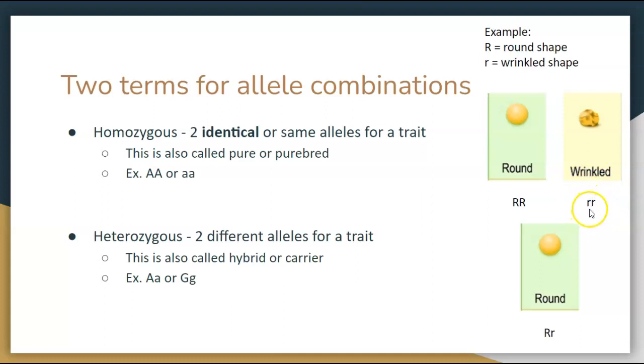That would be two lowercase r's. Now, this trait can also be heterozygous, and that would be one capital and one lowercase. Because it has that one capital letter, meaning that it has a dominant allele, it's going to show the dominant trait. Even though it has a recessive allele, it doesn't matter. That recessive allele is being masked by that dominant allele.